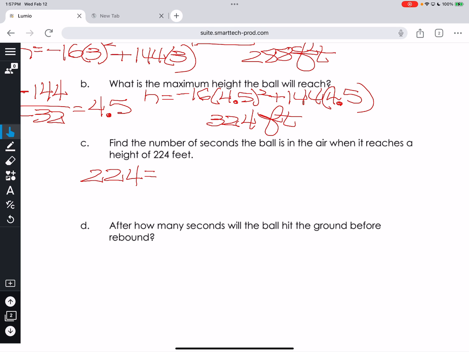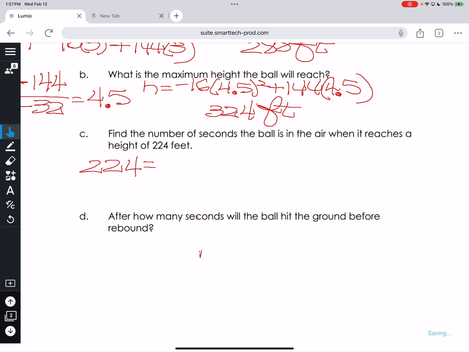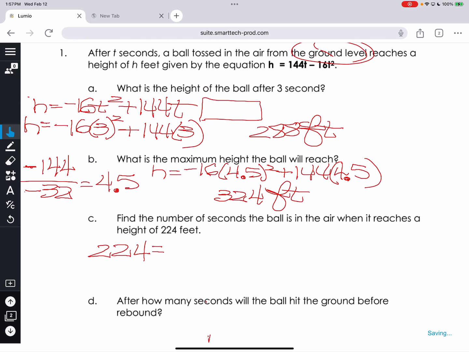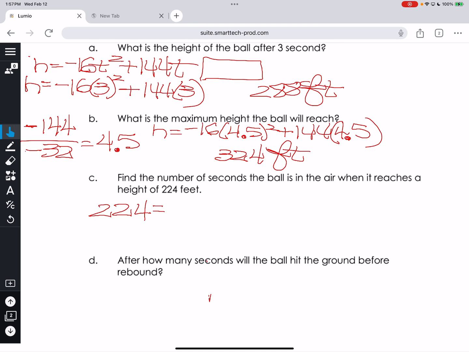So we'll have negative 16t squared plus 144t. Now, if we're trying to solve, seconds is which axis?